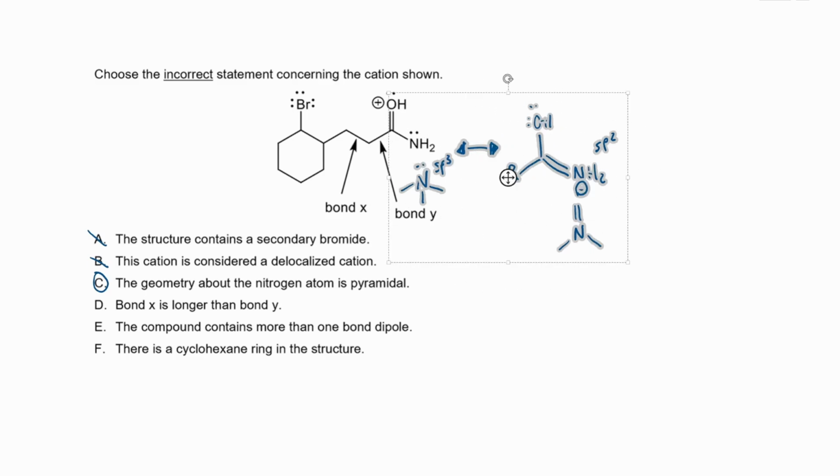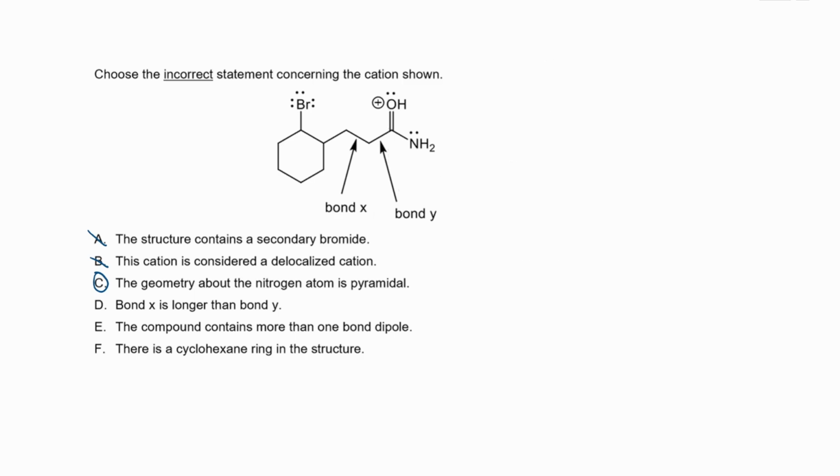Bond X is longer than bond Y. That is true because this bond over here is connected by 2 carbons that are sp3 hybridized. So sp3 hybridized carbons have bonds that are longer compared to sp2 hybridized carbons.